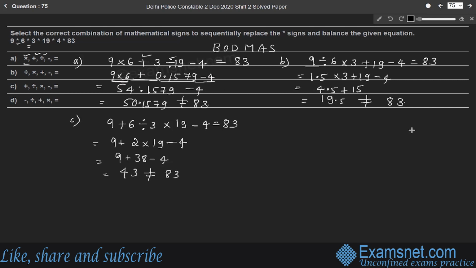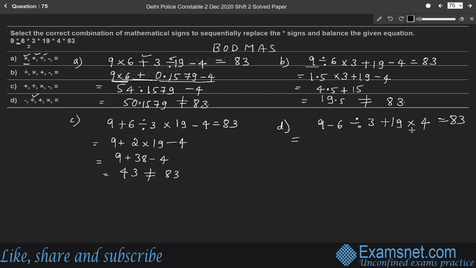So at last, option D, 9 minus 6 divided by 3 plus 19 into 4, right, is equal to 83.